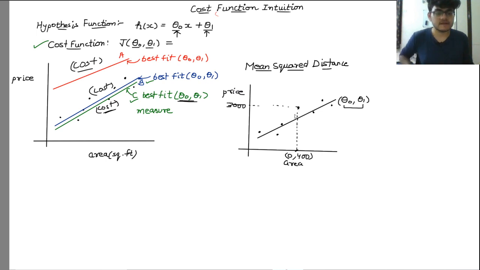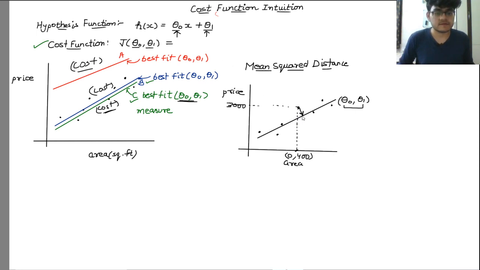This is actually the price. So this point basically represents that when area is 400 square feet, we have the price 3000. So what we try to do is find the distance from this point to this line, and this line is nothing but our hypothesis.